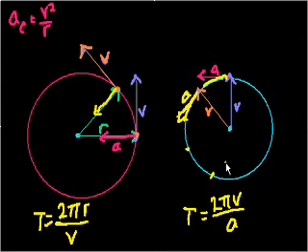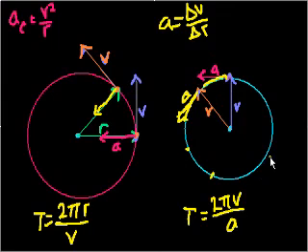And if this doesn't make complete sense, just remember, acceleration is change in velocity over change in time. I'm glossing over a little bit, because you might say, oh well, the net change in velocity is 0, but we're actually more concerned about the total change in the velocity.